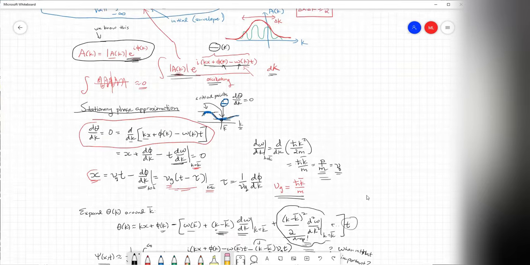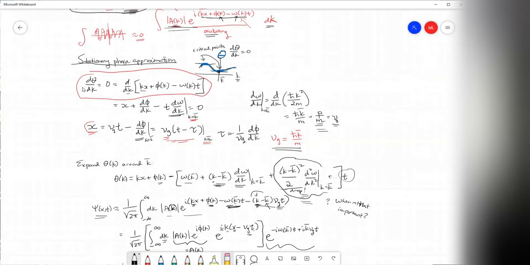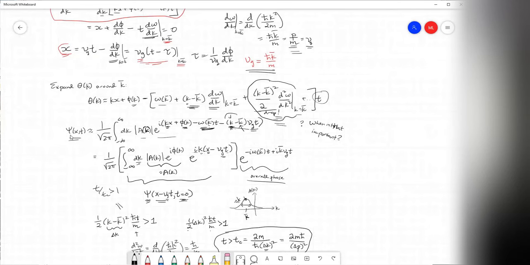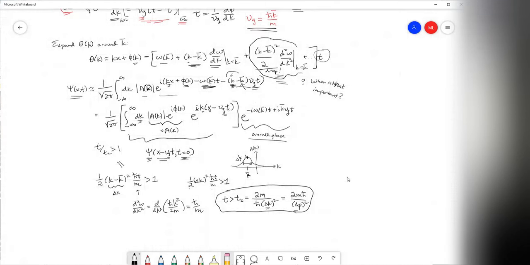You can work out this stationary approximation, and what it gives you is that your solution to the time-dependent wave function is just like the initial wave function, except shifted by dt. That's kind of cool. And of course, there's an overall phase that gets picked up, but that's not physical.